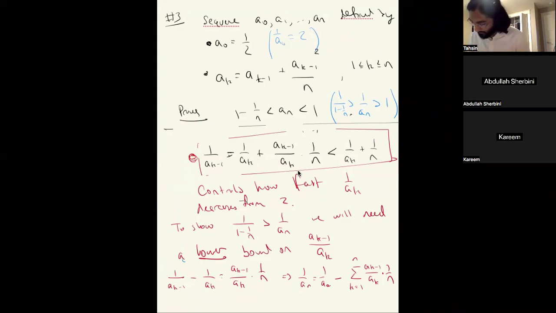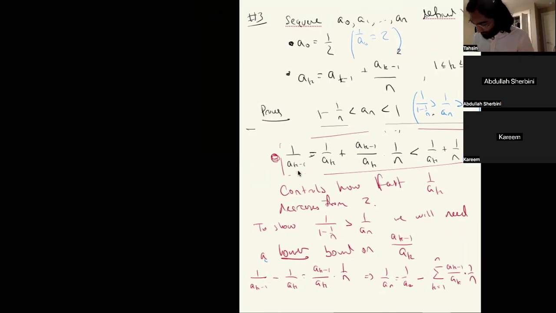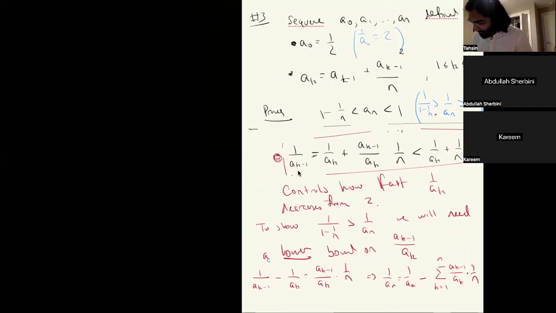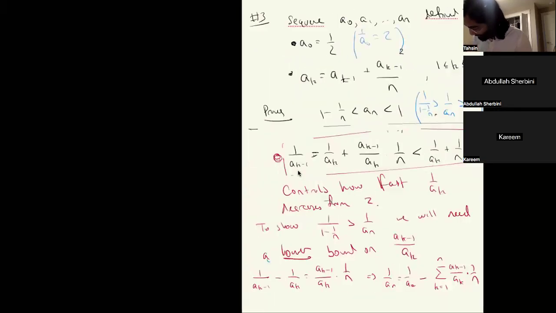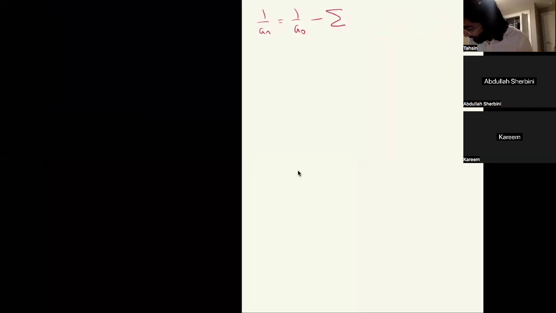And so what we want is, okay, so what do we want? I think maybe we need more space, so let's start a new page. So okay, here's the point. 1 over an equals 1 over a0 minus the sum from k equals 1 to n, ak minus 1 over ak times 1 over n.